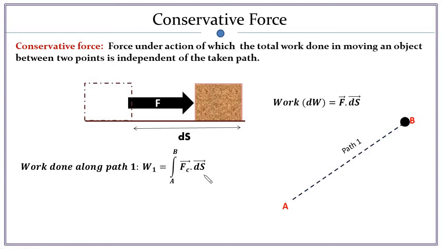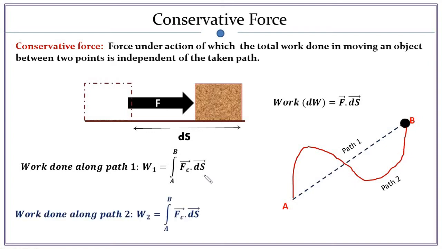Now suppose there is another path and we call that path 2. And this same object will move from point A to point B, but now along this path 2. So what will be the work done? The work done will be W2 and it will be the integration from A to B of Fc ds, and this time it is along path 2.